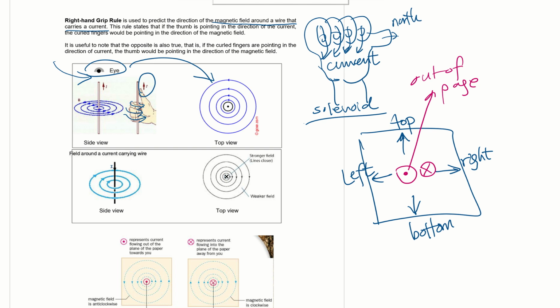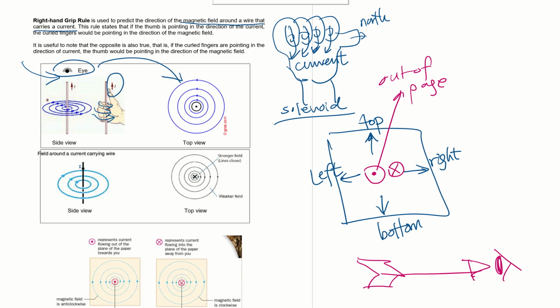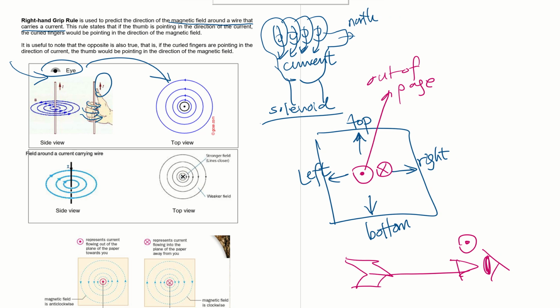It's as if I have an arrow, and if it's observed from here by this person, you will actually see a dot, which means you will see the tip of the arrow. If somebody is observing from the other side, the end of the arrow, he will actually see a cross.